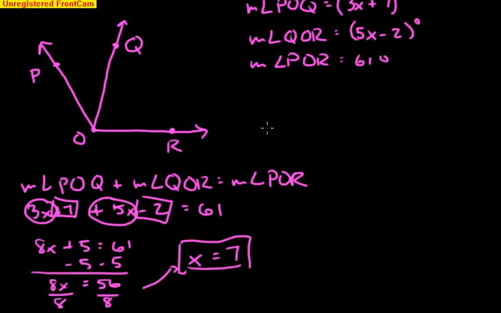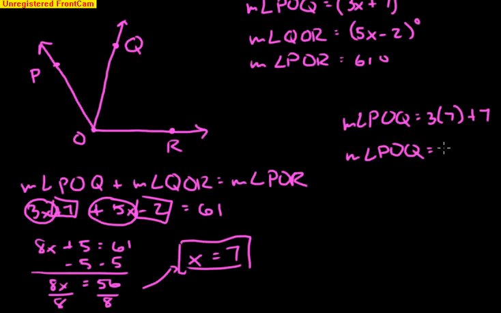So now we plug it in over here to find our individual angles. So the measure of angle POQ is equal to 3 times 7, which is our value of x, plus 7. So we get the measure of angle POQ equals 21 plus 7, which is 28 degrees.